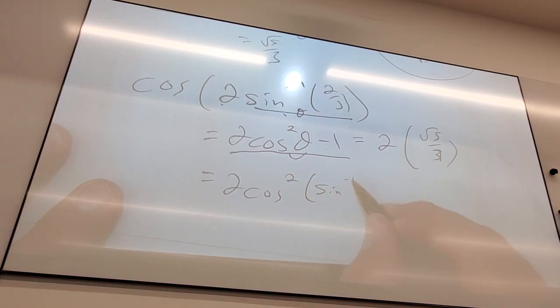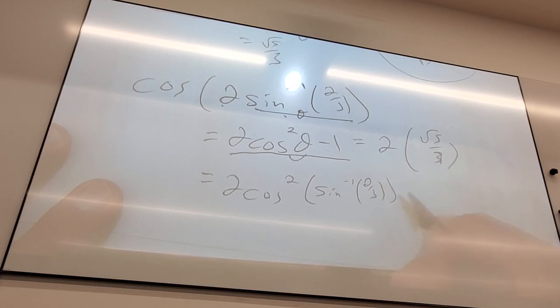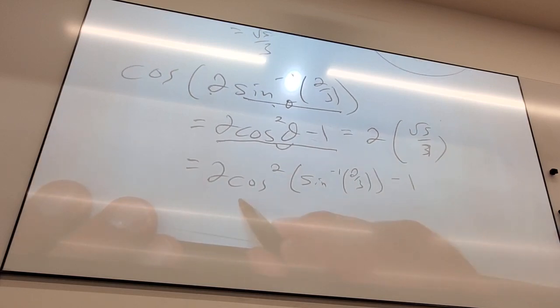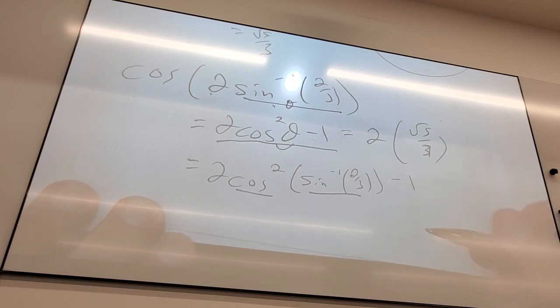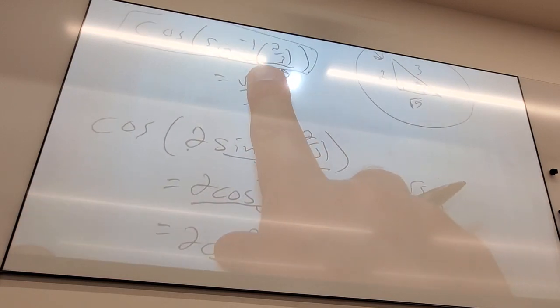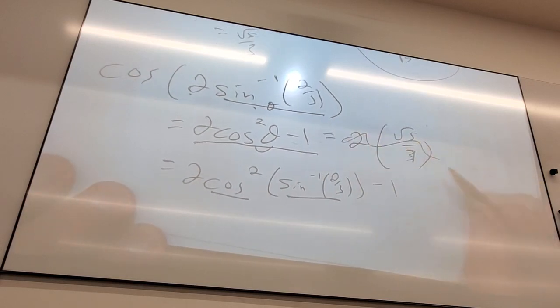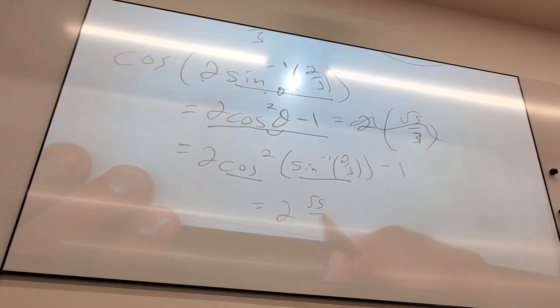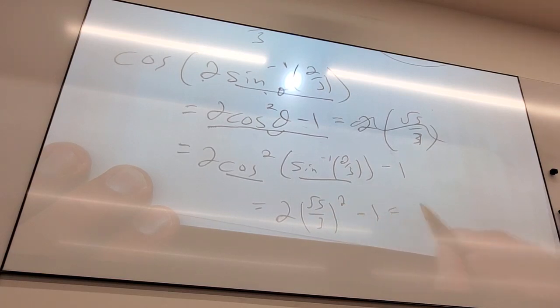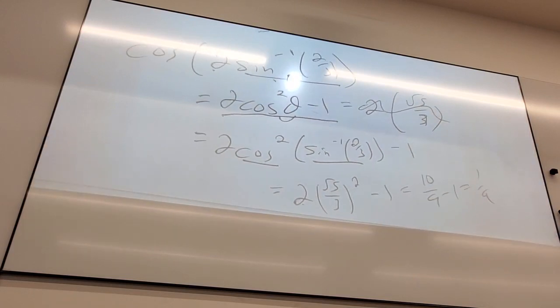So now I'm talking about that. Isn't cosine acting directly on this now? There's no 2 in the way? Can't I do it as easily as we did that one? So then I can plug a root 5 over 3 in. And I get twice 5 is 10, bless you, over 9 minus 1 is 1/9. Crazy sauce.